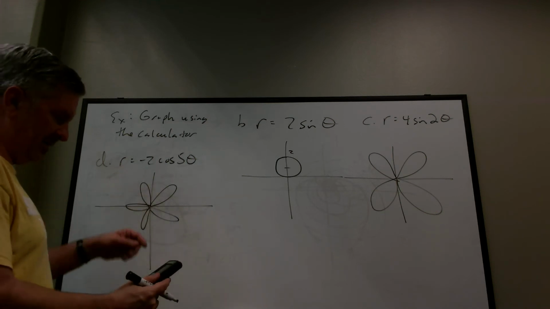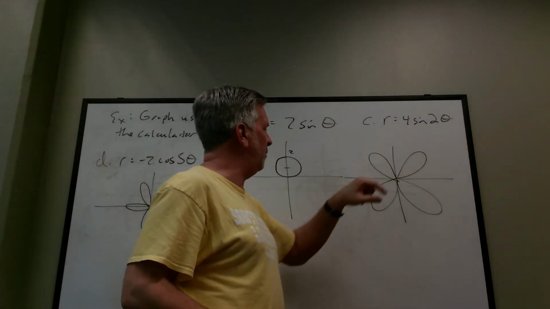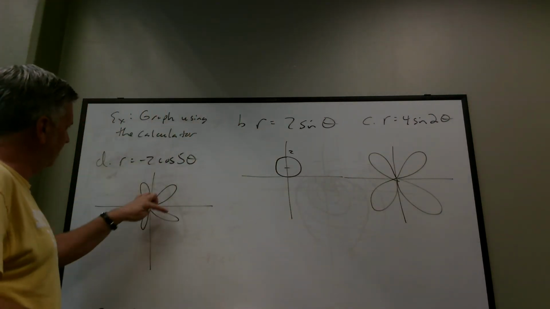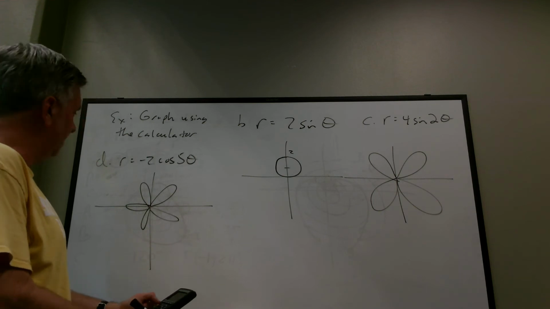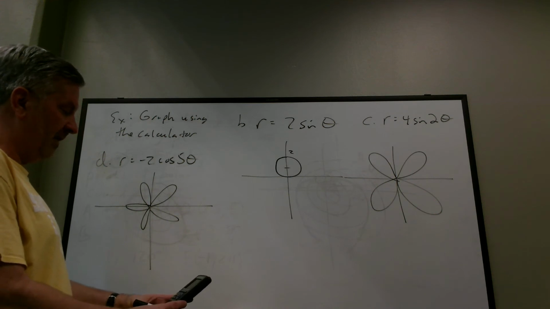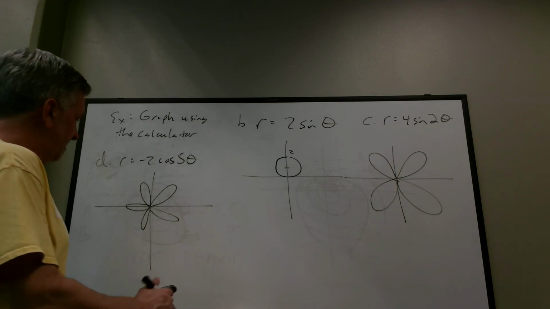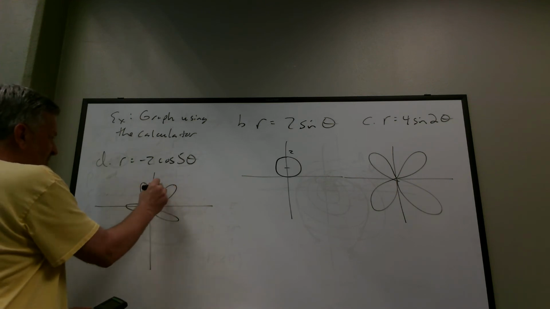It's hard to see the scale, but the last one was sitting inside the circle of radius 4. Is this one sitting inside the circle of radius 2? If I go back to the y equals button and type in R2 equals 2 and hit graph, yes. If I graph R equals 2, this sits right inside. So these are touching the circle R equals 2.